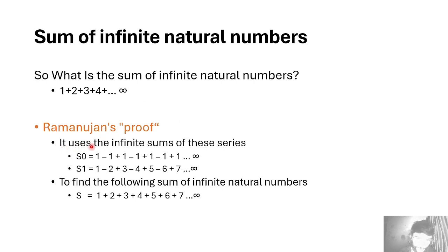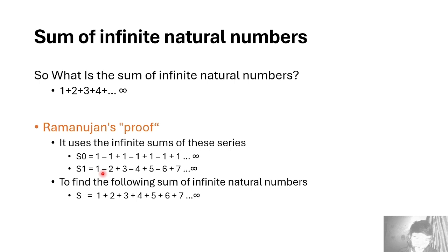So it uses the infinite sum of two series. The first series is this S0, which alternates between 1 and negative 1. The second series is S1, which is 1 minus 2 plus 3 minus 4 plus 5.